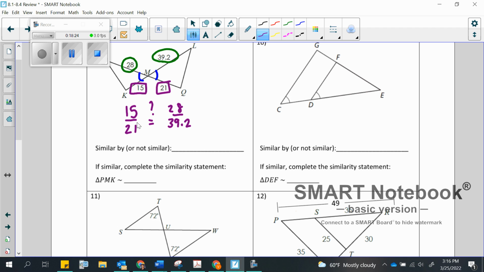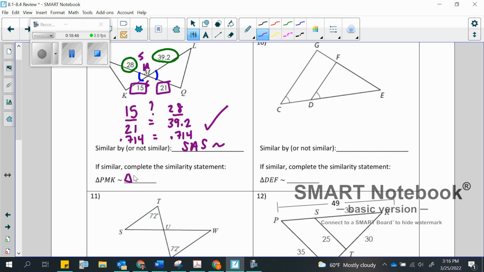So if you plug in 28 divided by 39.2 in your calculator, you're going to get 0.714. If you plug in 15 divided by 21, you're going to get 0.714. Since they are exactly the same, my two sides are proportional. So these two triangles are similar by side, angle, side similarity.